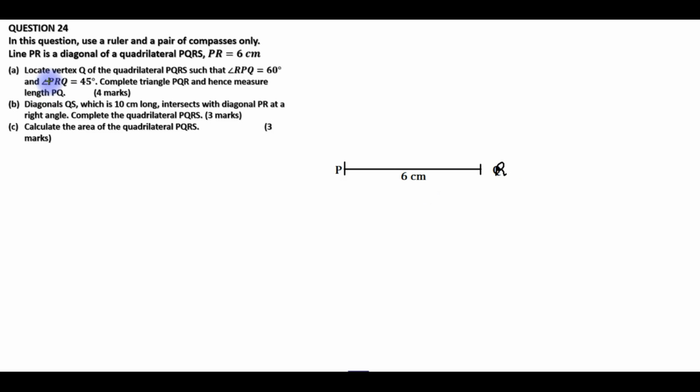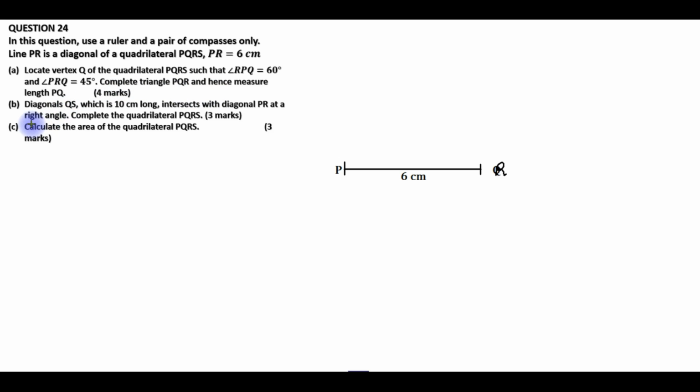So we are required to locate PR as a diagonal of quadrilateral PQRS, and PR is 6 centimeters. Then we are required to locate vertex Q of the quadrilateral PQRS such that angle RPQ is 60 degrees, so we draw an angle of 60 degrees at P, and angle PRQ, at this point we also draw an angle of 45 degrees.